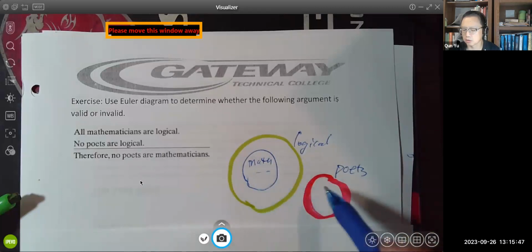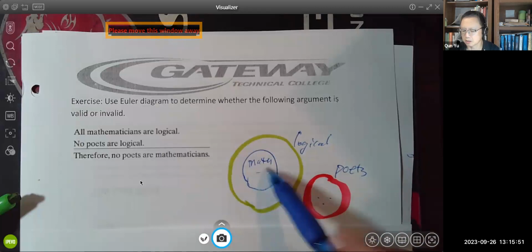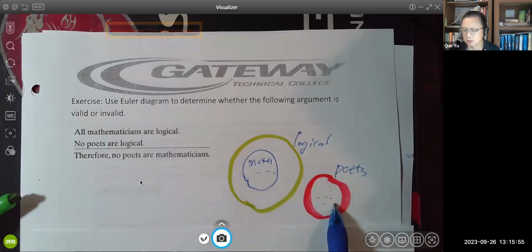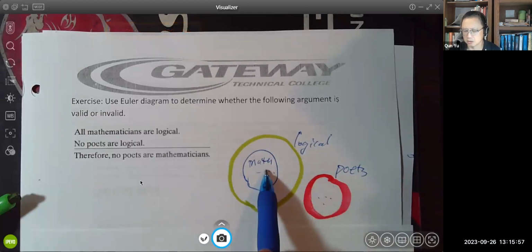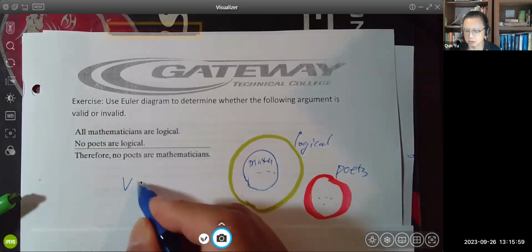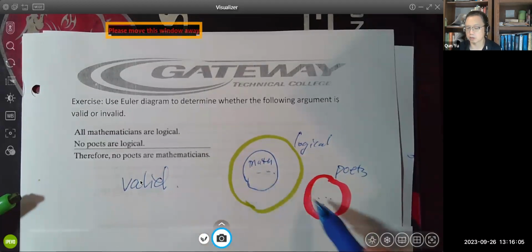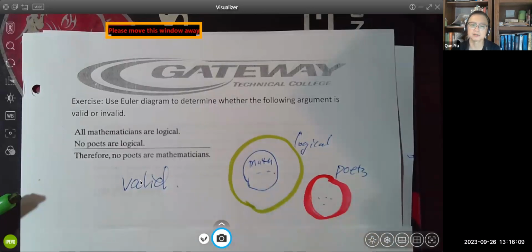Since these two are totally separated, we say no poets are mathematicians or no mathematicians are poets. Either way, what they have, no poets are mathematicians. So we have the same conclusion. So this is the valid one. That's the only conclusion between these two circles we can draw. No poets are mathematicians. So this is the valid one.